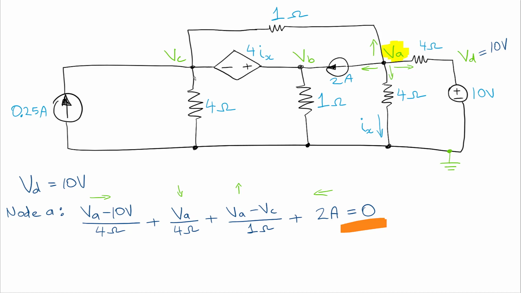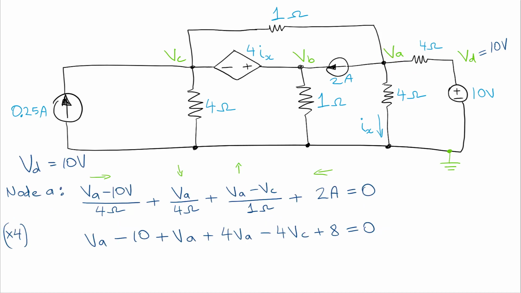Let's see the next one. Okay, so now let's simplify this. Let's get rid of the denominator in the equation. We're going to multiply that equation by 4 to get rid of the denominator. So we're going to have VA minus 10 plus VA plus 4VA minus 4VC plus 8, all equal to 0.